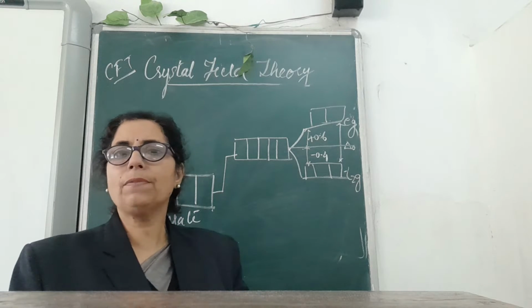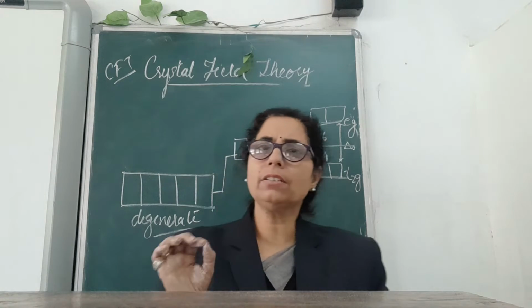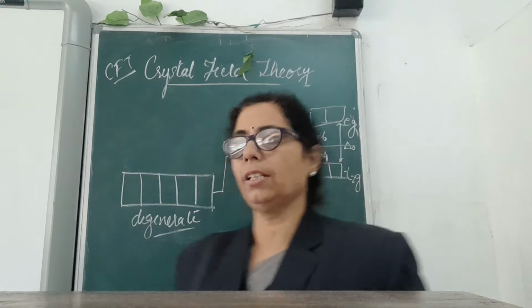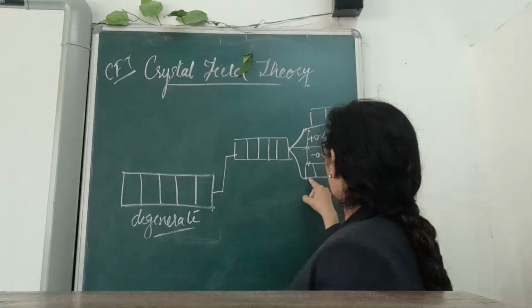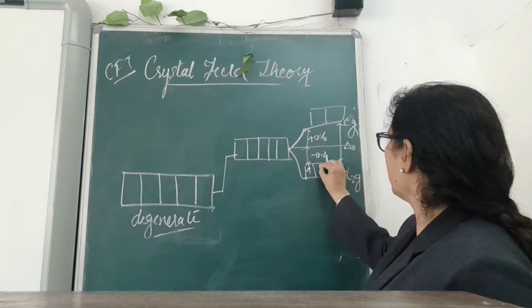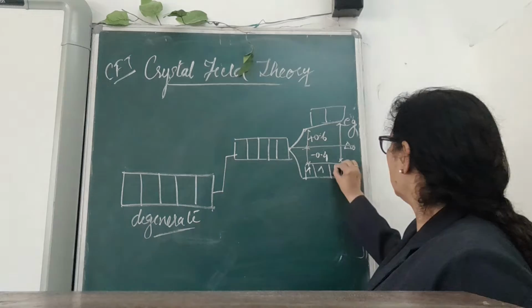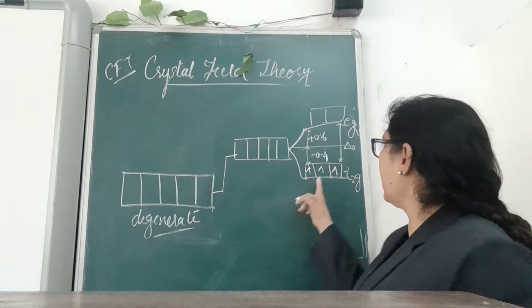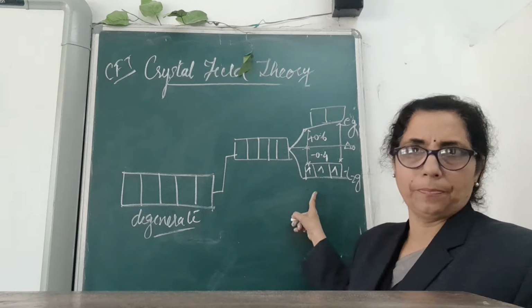Whenever you fill electrons in the orbitals, you fill the lower energy level first. So the first electron will enter in a T2g orbital, then the second, and then the third. The first 3 electrons will enter the lower energy level.